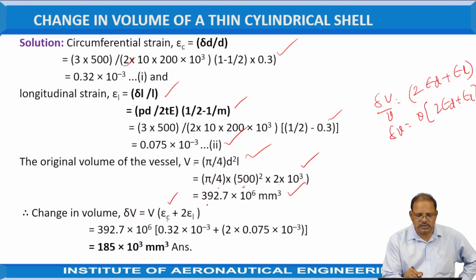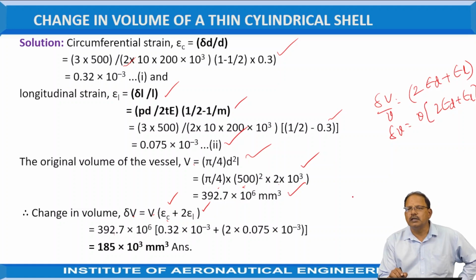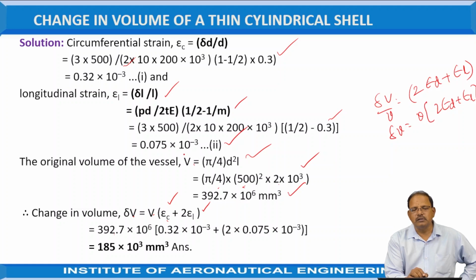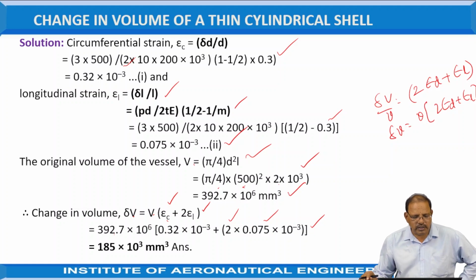From this relation, V is the original volume of the cylinder, 392.7 into 10 to the power of 6, and epsilon C is 0.32 into 10 to the power of minus 3 plus epsilon L, which is 0.075 into 10 to the power of minus 3, multiplied by 2 because the relation has 2 epsilon D. From this relationship we get 185 into 10 to the power of 3 mm cubed. This is the answer.